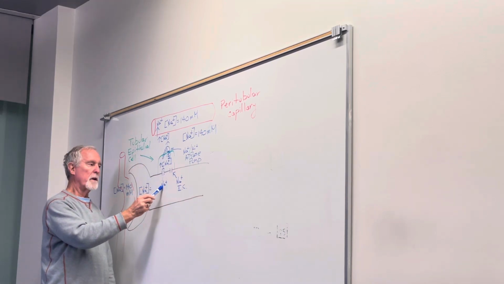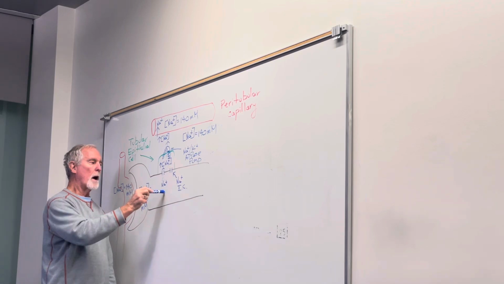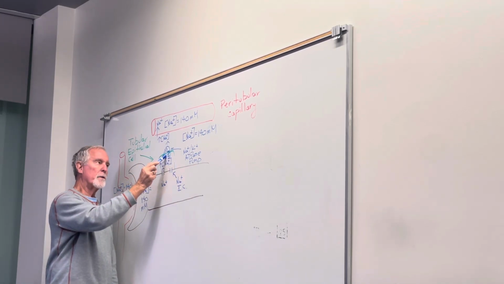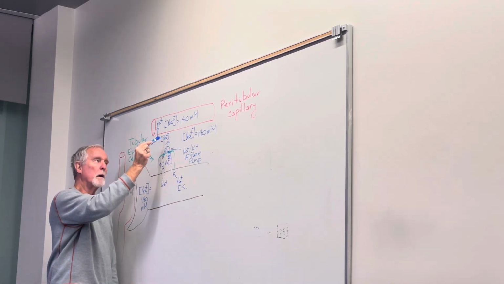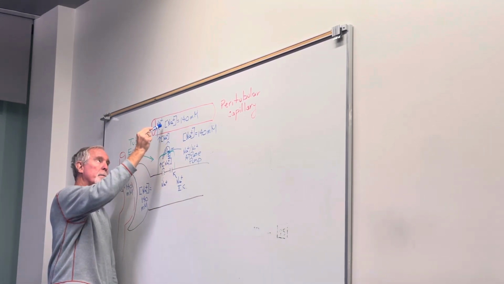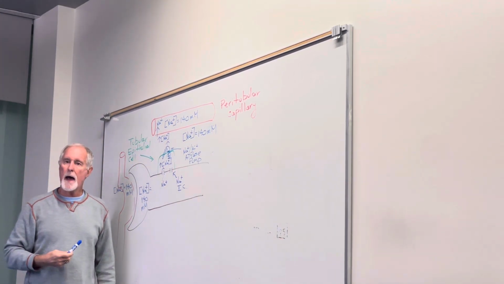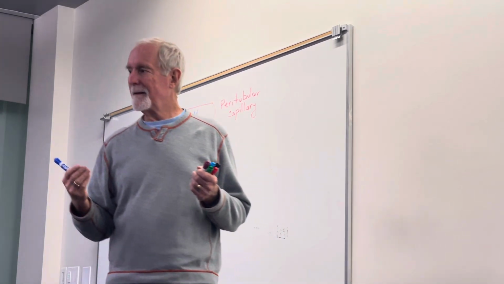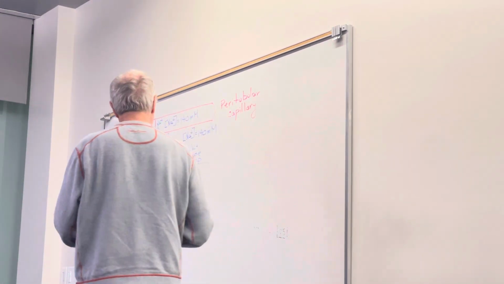So sodium ion moves from the lumen of the proximal tubule into the cell. Water moves with it. We pump sodium out into the interstitial space. Water moves with it. Sodium moves from the interstitial space into the peritubular capillary, and water moves with that. And this is an example of what? Osmosis. That's right. Excellent. Very good.